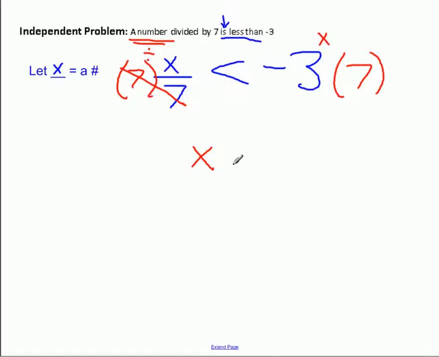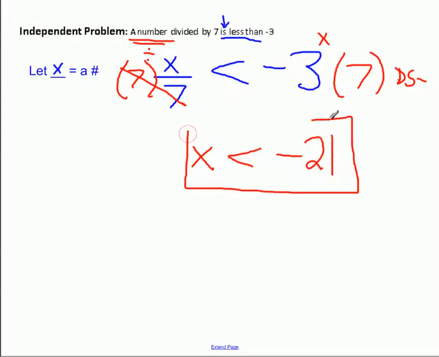Do I make it a greater than? No, because I did not multiply by a negative number. My red number is positive, so keeping it this way. Different signs, negative, so I have a negative answer. 3 times 7 is 21. So if you got this, you are awesome. If not, we're going to keep trying.